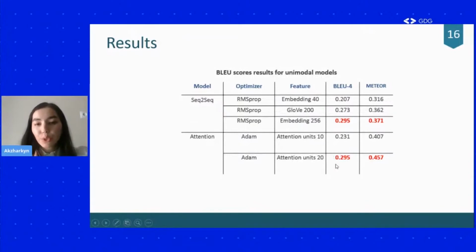Here, the BLEU-4 score is the same for sequence-to-sequence and attention network. However, in terms of METEOR score, our attention network performs better. The reason is that METEOR considers synonyms and paraphrase, so when the BLEU-4 score is small, METEOR can be higher.